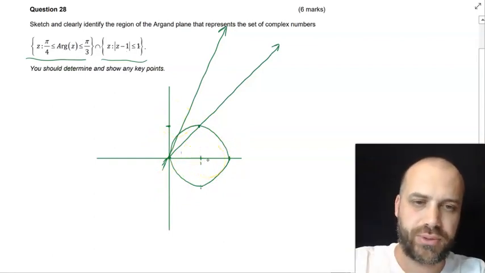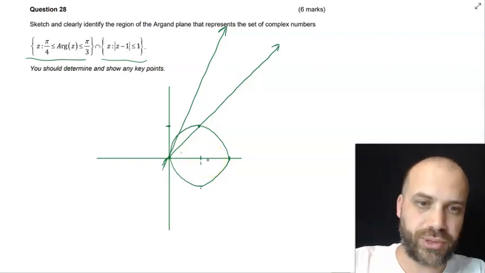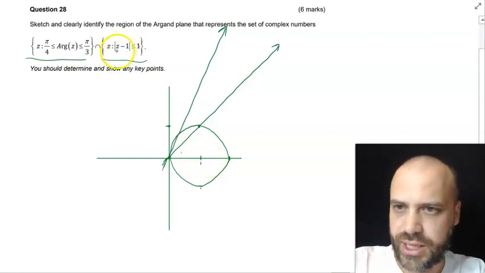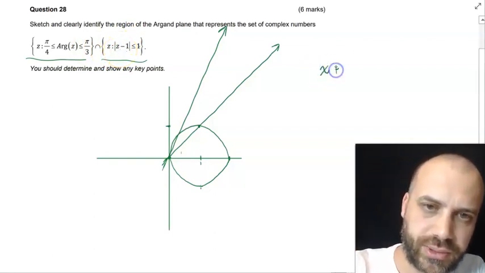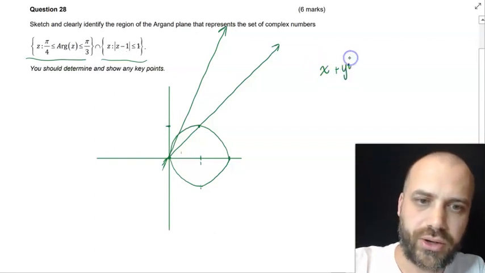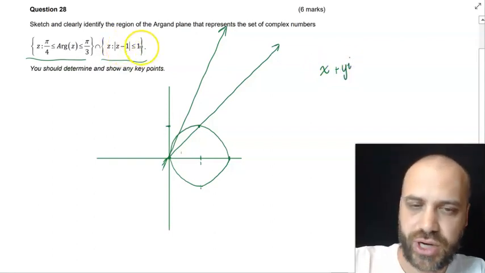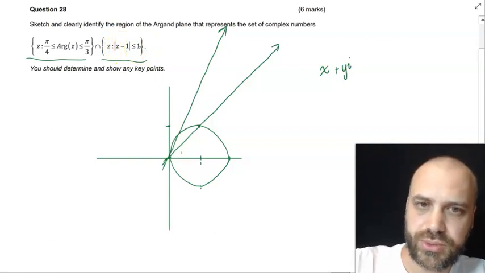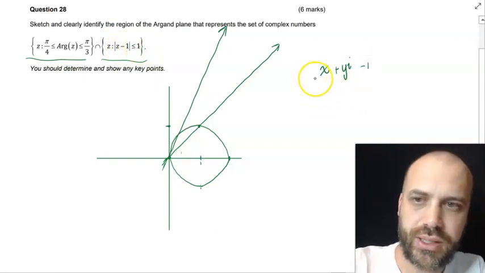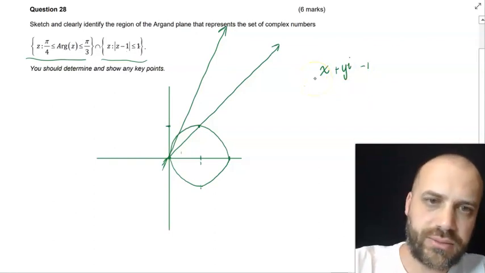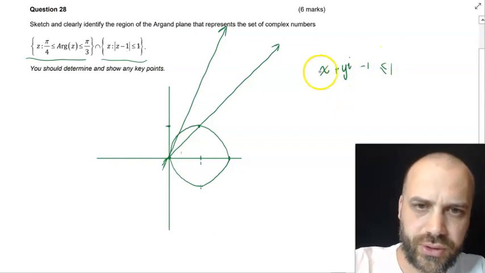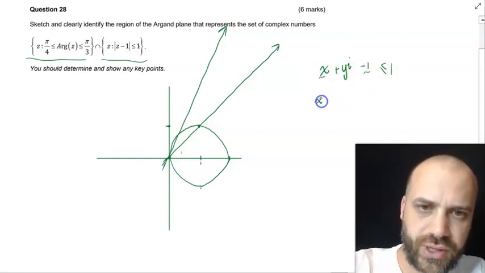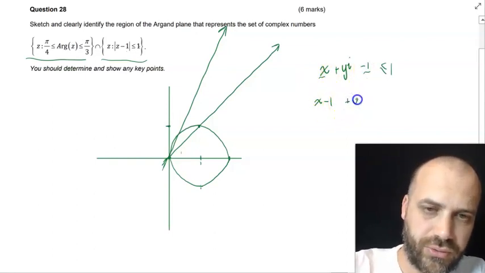Now, if you're not happy with what I've done there, you can approach it algebraically as well by saying, okay, z's a complex number. Let's call it x plus y i, and we're subtracting the 1 from it, x plus y i minus 1. So then that's going to be less than or equal to 1. And then we've got the real component of x minus 1 and the imaginary component of y.